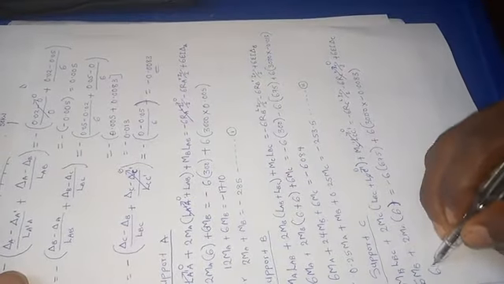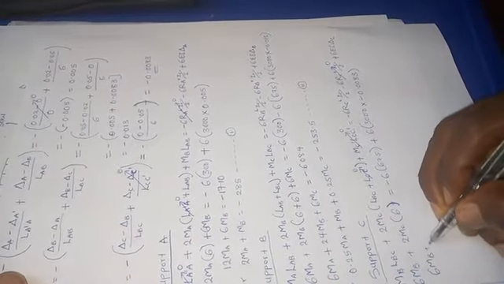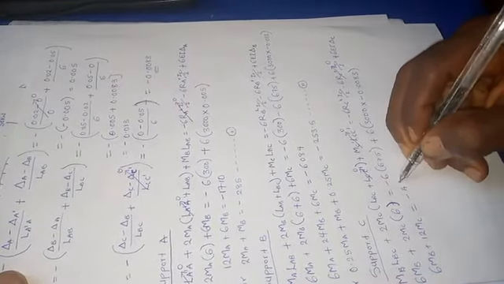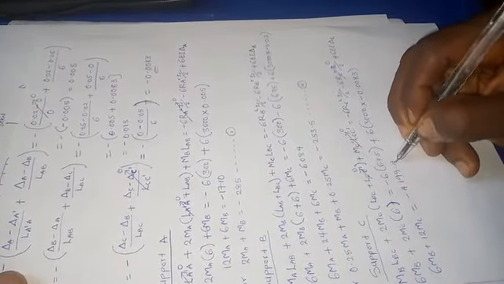Expanding this, I'm having 6 moments at B plus 12 moments at C equal to minus 6 times 675, then plus 6 times 3000 times minus 0.0083. This would give me minus 4199.4.